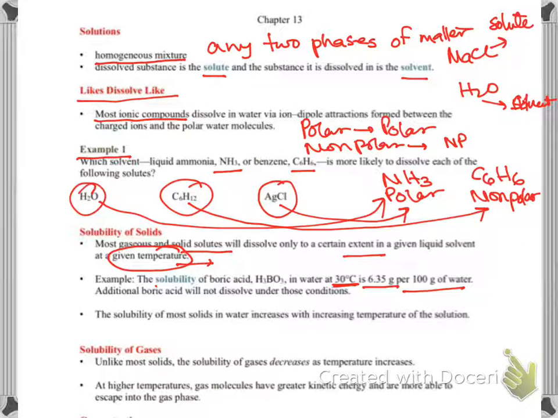So that means if you take 100 grams of water and put in 6.35 grams of boric acid, it will completely dissolve. What will happen if you add a little bit more? Then the extra added amount is not going to dissolve.